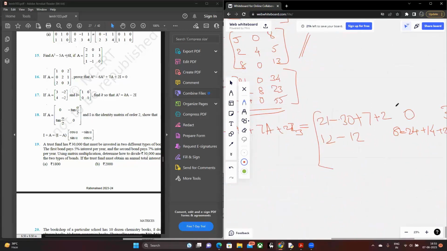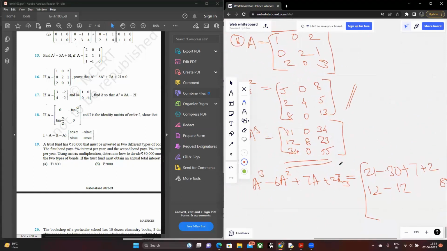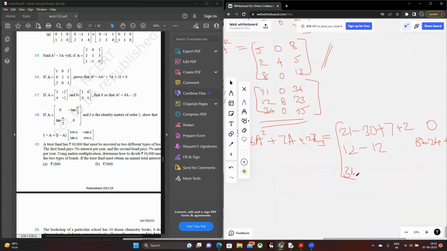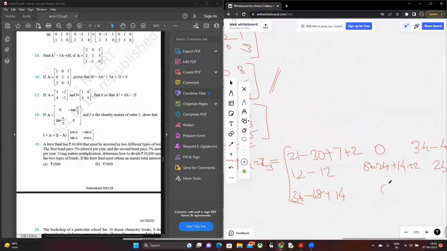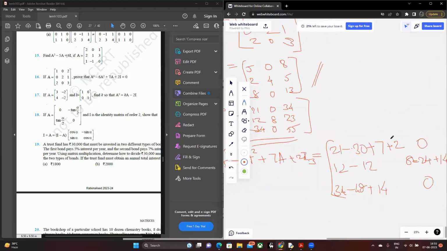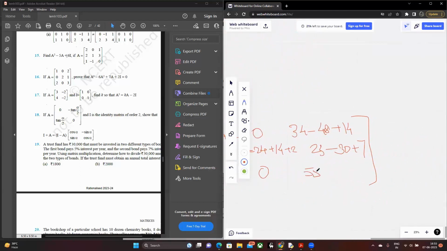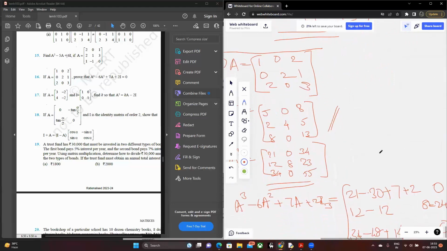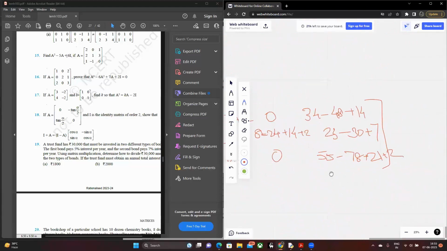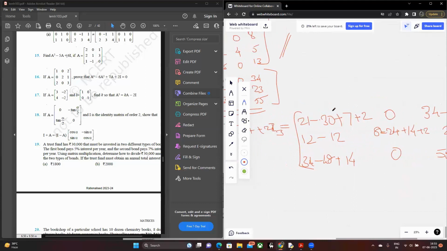And then I3 is going to have a 0 there. Finally, coming to the last stretch, that is going to be 34, minus 6 8s are 48, plus 7 times 2, that is 14. You're going to have a 0 over here. And then you're going to have 55, minus 13 6s are 78, plus 7 into 3, that's going to be 21, plus 2.